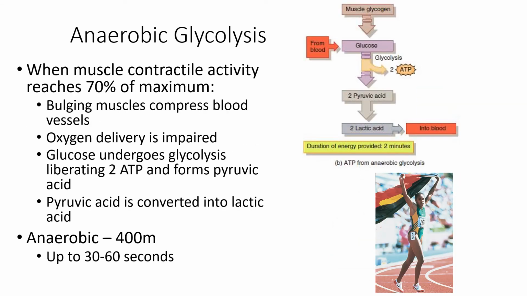The second type of energy or ATP production is called anaerobic glycolysis. This is when muscle contractile activity reaches about 70% of the maximum. The bulging muscles start to compress the blood vessels, which means that the oxygen delivery is impaired, creating an anaerobic environment.